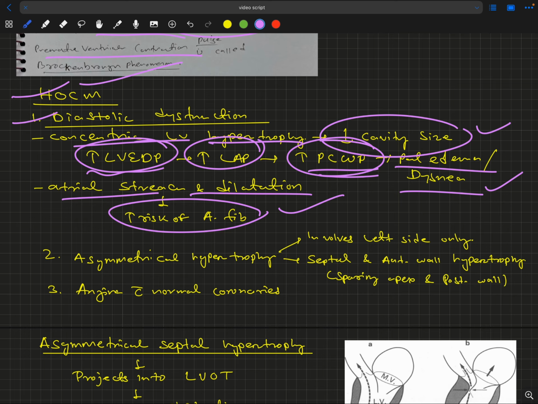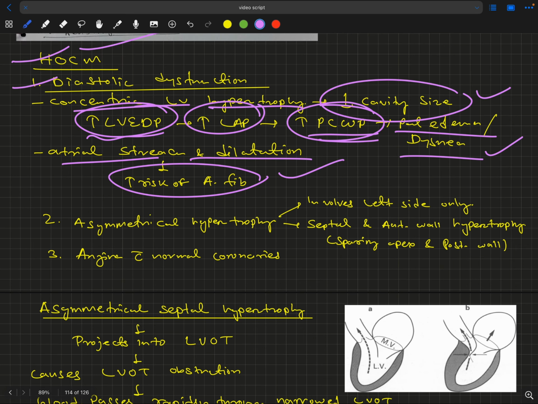There will be increased pressure inside the atria, so in the long run there will be atrial stretching and dilatation, which makes the atria prone to develop atrial fibrillation. Another thing we see in hypertrophic cardiomyopathy is asymmetrical hypertrophy. Why asymmetrical?